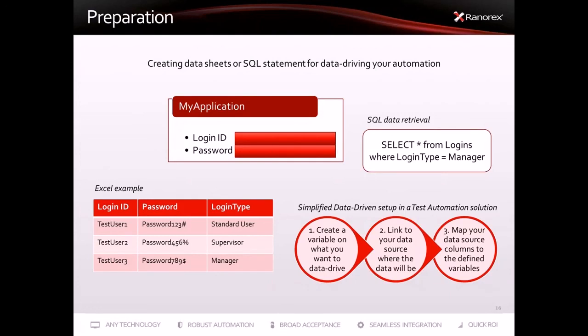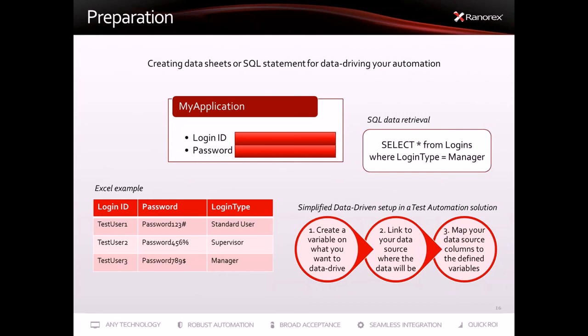Next is I want to link my data source to where the data is going to be. So if I want to keep this on my hard drive or if I want to keep this on a network drive, say this Excel spreadsheet or a CSV, link it to that source so every time it runs, that connection is always open looking at that Excel spreadsheet or looking at that CSV or SQL. Then last, map your data source columns to the defined variables.